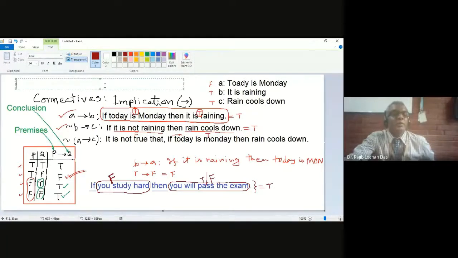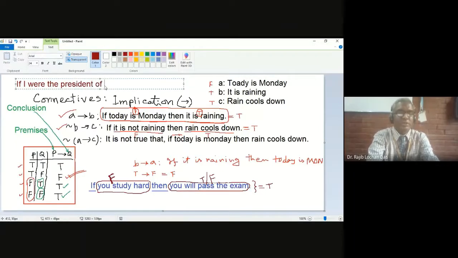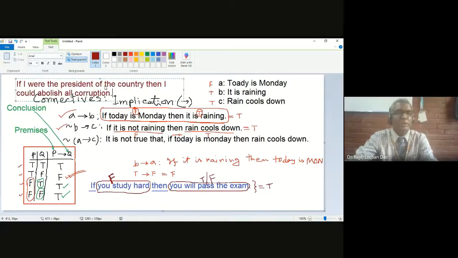Okay, if I were the president of the country, then I could abolish all corruptions. Okay, that is a good example.